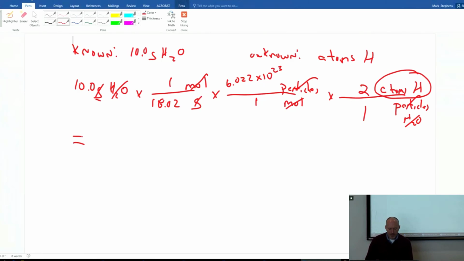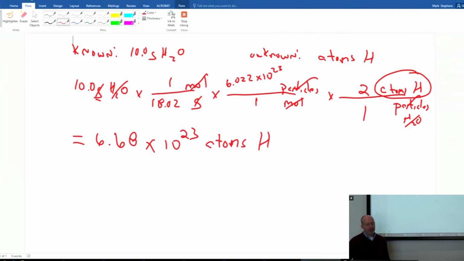And I'm getting 6.68 times 10 to the 23rd atoms of hydrogen. So the mole map took you the 3 steps between mass and particles using formula weight and Avogadro, and the final step was simply inventory.